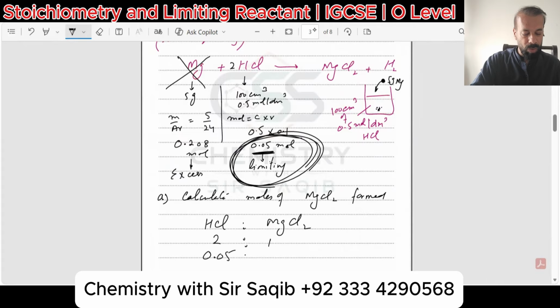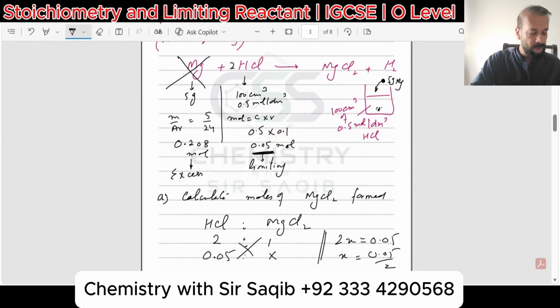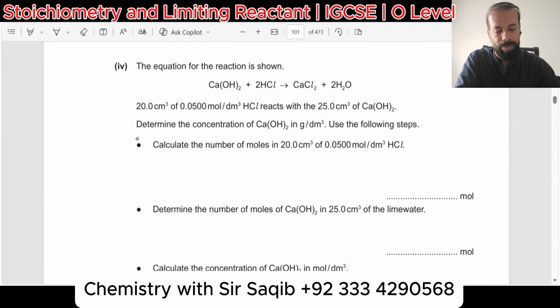So 0.05 mole HCl will form how much MgCl2? So calculate with the ratio method, cross multiply this. So you will get 2x is equal to 0.05 and x is equal to 0.05 divided by 2. So 0.05 divided by 2 is equal to 0.025. So MgCl2 is equal to 0.025 mole.